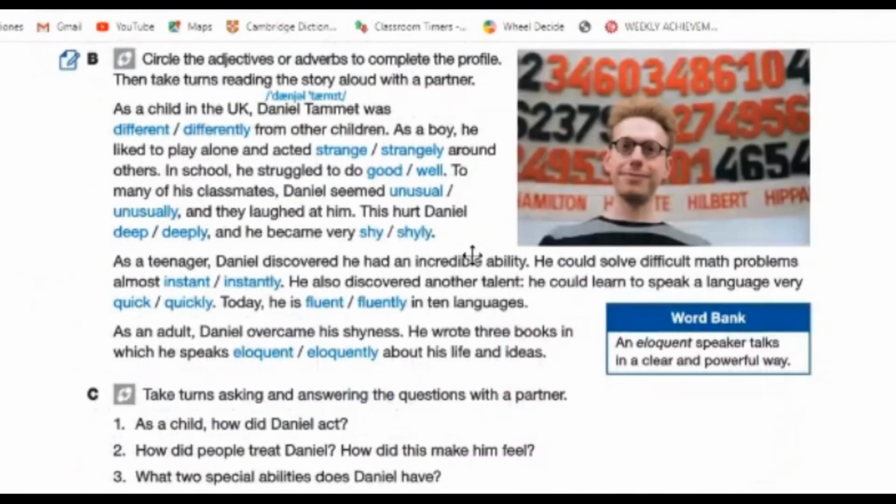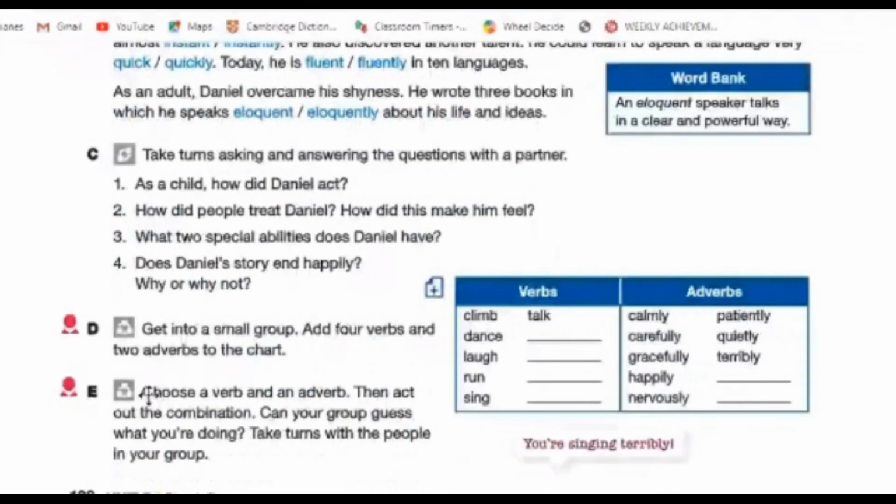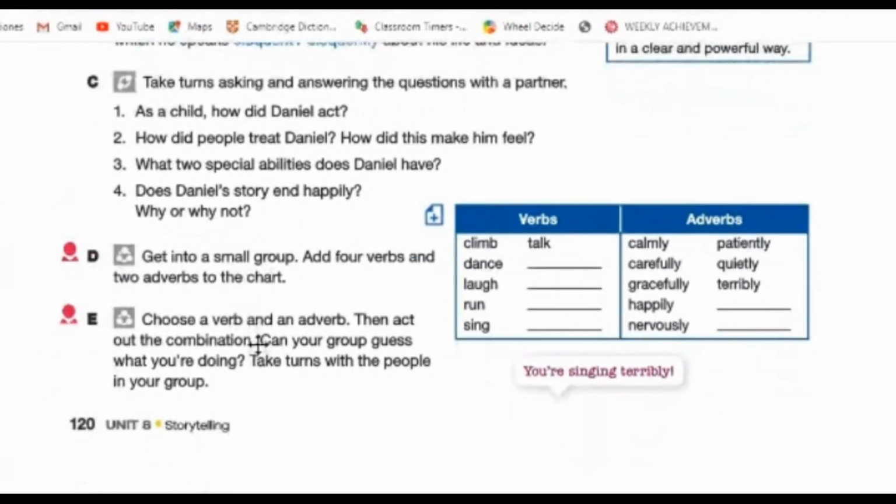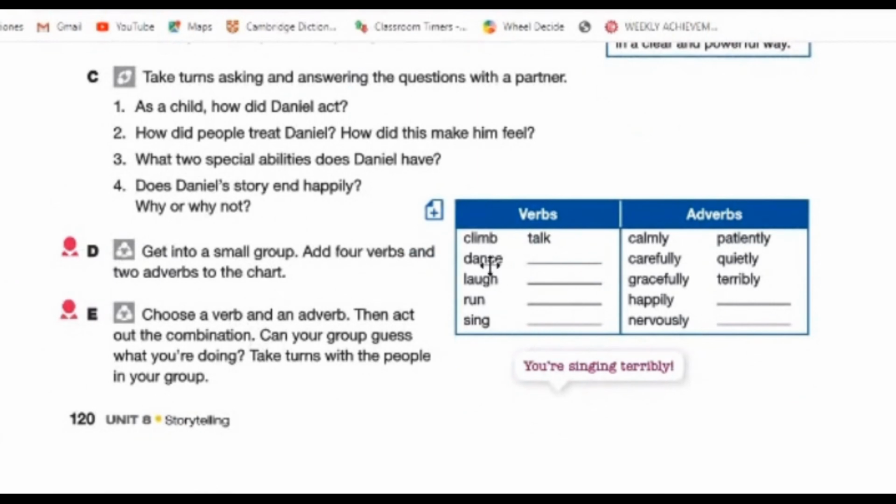Pay attention here. For example, here you have verbs and here you have adverbs. So you have here, for example, actions, verbs, because we use adverbs with action verbs.